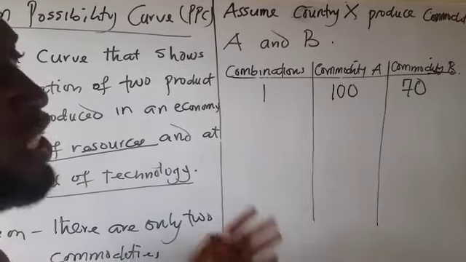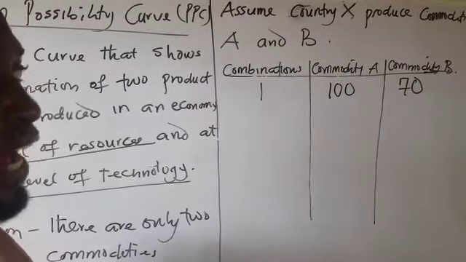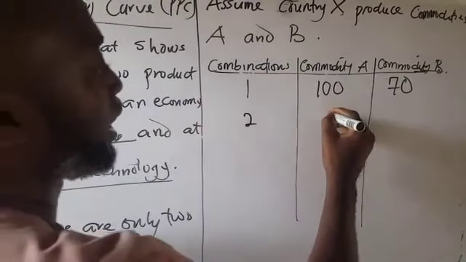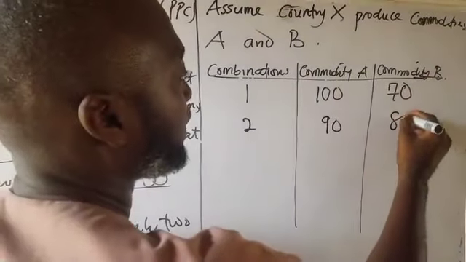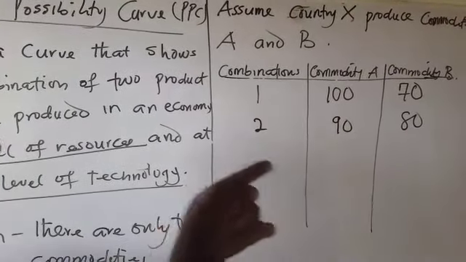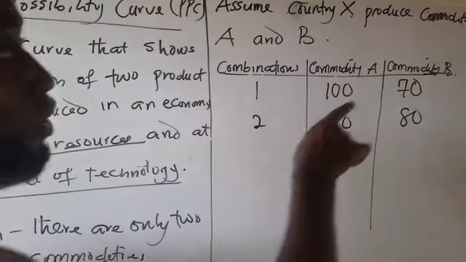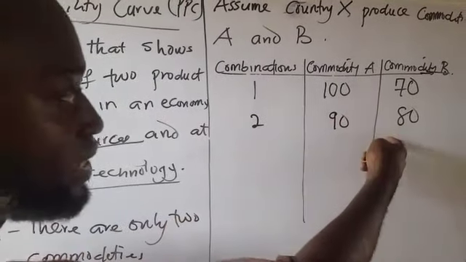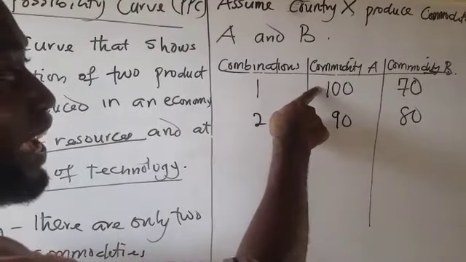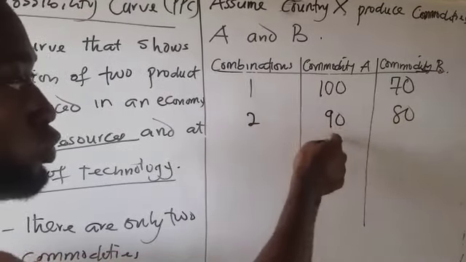It's possible that they may need more of B than A. Then they can also have this kind of combination. They can have 90 of this and 80 of this. What you need to notice here is that for us to increase commodity B from 70 to 80, commodity A will fall from 100 to 90.